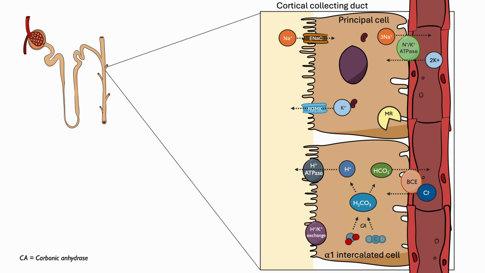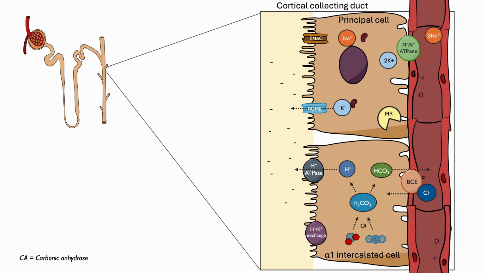1. Passive sodium reabsorption down its gradient through the apical epithelial sodium channel, ENaC, found in the principal cell, thereby causing a negative charge in the tubular lumen. This sodium gradient is maintained by a sodium-potassium ATPase. 2.